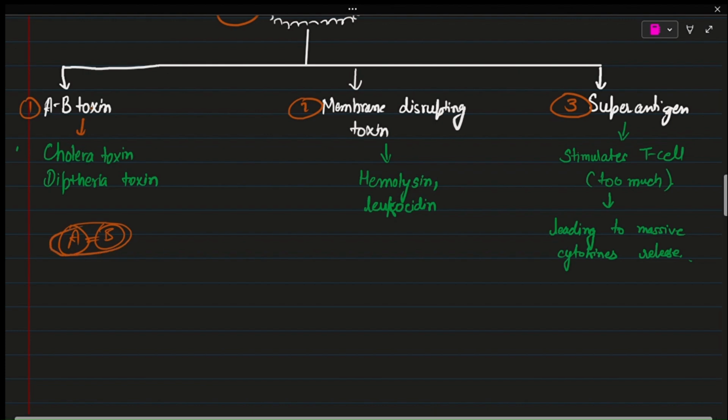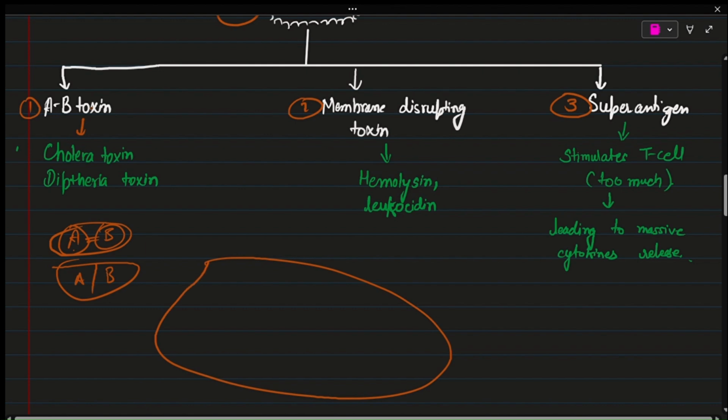This protein toxin will have two components. We can draw it like anything, right? A, B like this. Okay, so let us say this is my bacterium. What happens is the B part of the toxin will bind to the receptors which are present on the host cell.